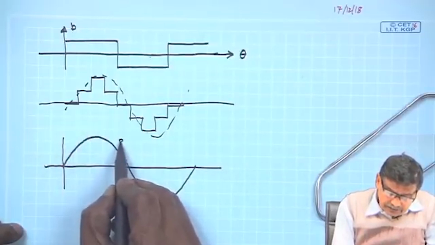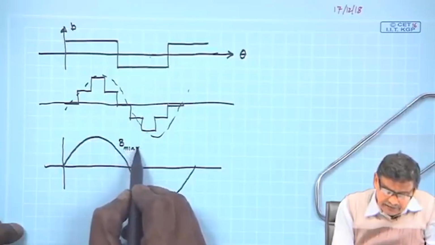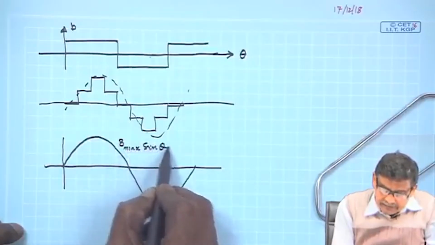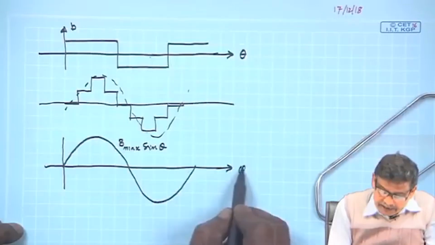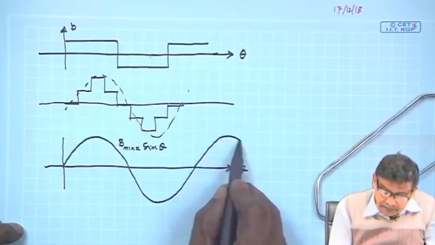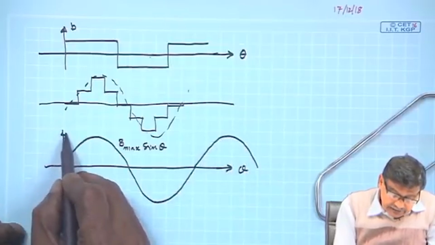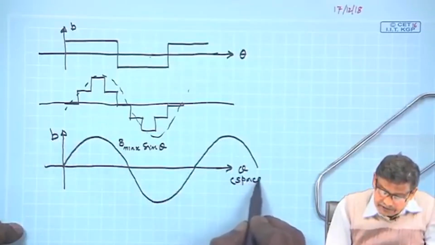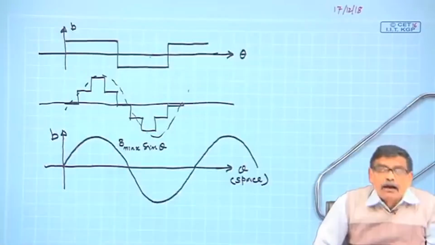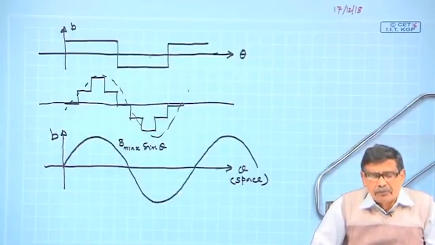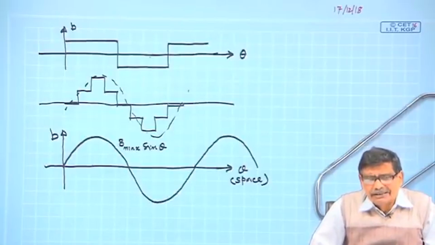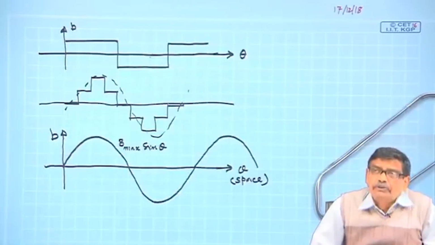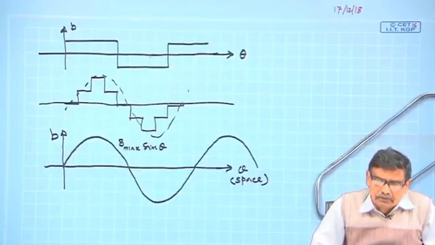So, this may be denoted as B max sin theta, where theta is the space angle. It will be like this, and this is the B, and this is space, mind you, space angles. I will consider only the fundamental component. In the mind, I will think that okay, B distribution can be more closer to sine wave.